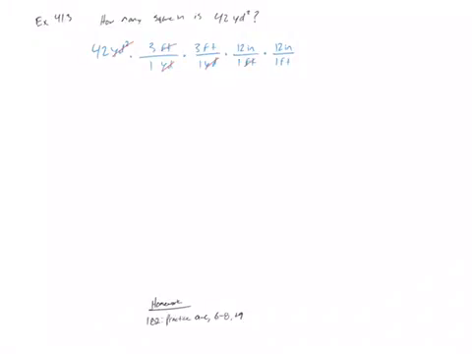My feet will reduce here, and here, and here. And I will end up with 42 times 3 times 3 times 12 times 12 inches squared. And that will come out to be 54,432 inches squared.